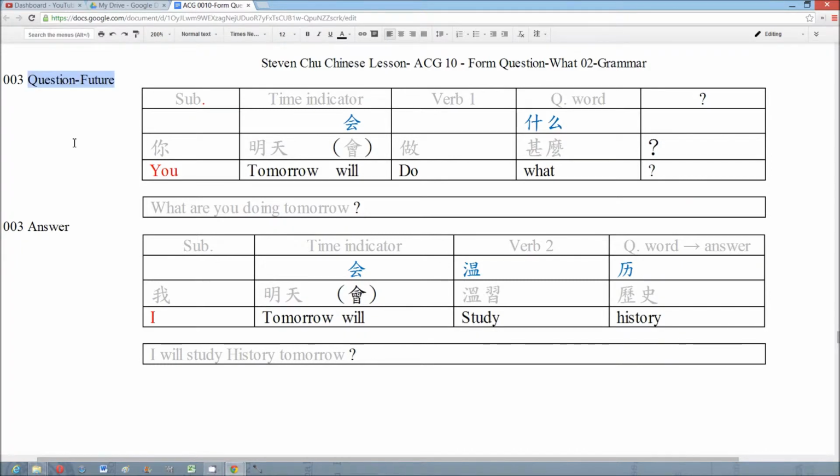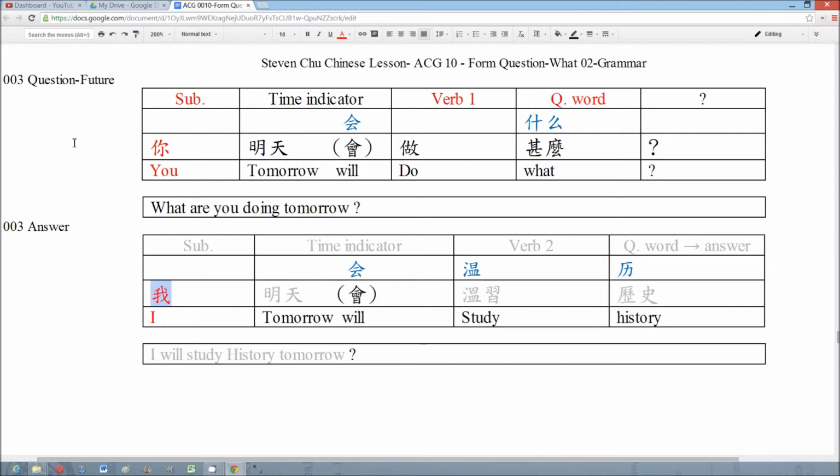This example is asking what will happen in the future. 你明天, and you can add another word 會 做什麼? What are you doing tomorrow? This question is also based on the basic sentence, subject, time indicator, verb, question word.